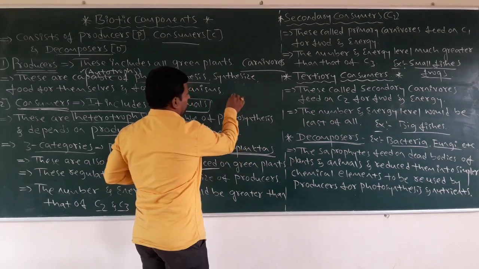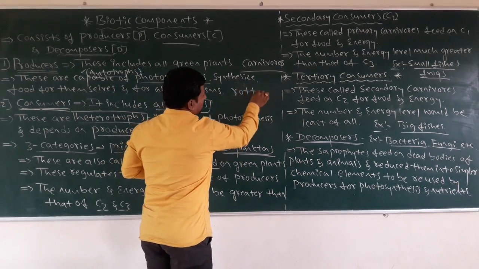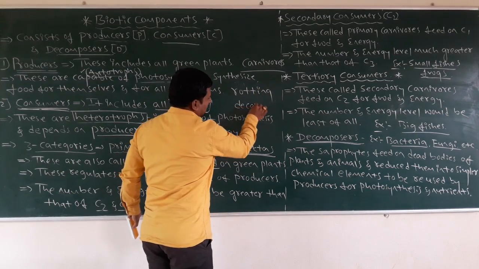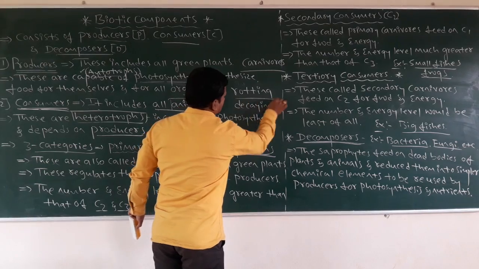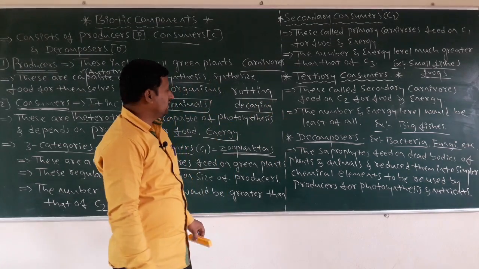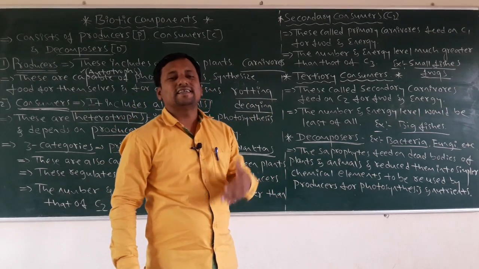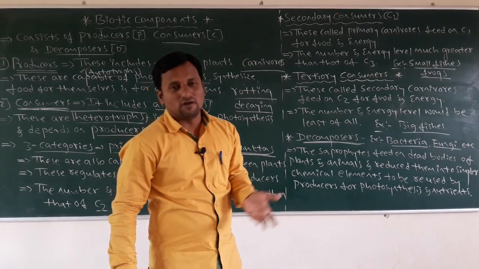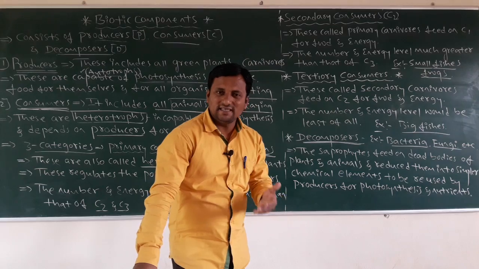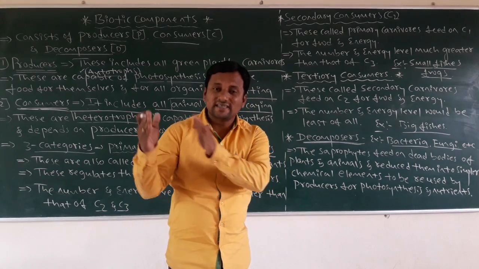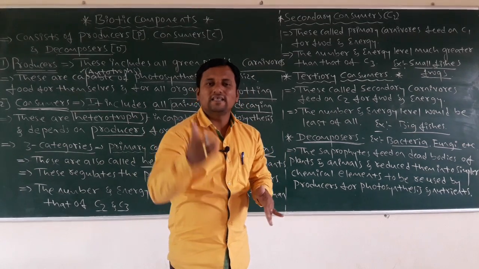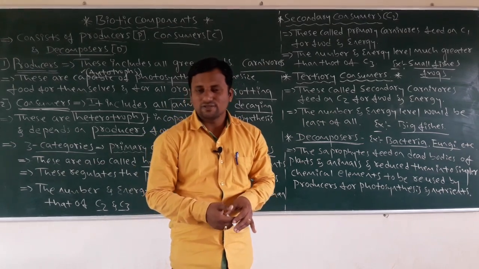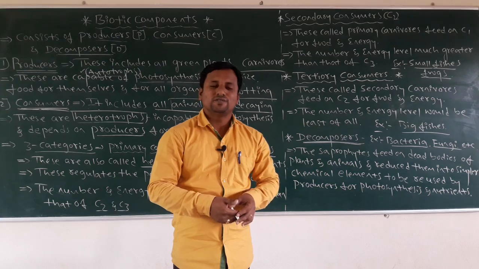How does that process happen? It is the decaying of the dead bodies of plants and animals, which are converted into the simplest organic or inorganic compounds. So that process we call decomposition.